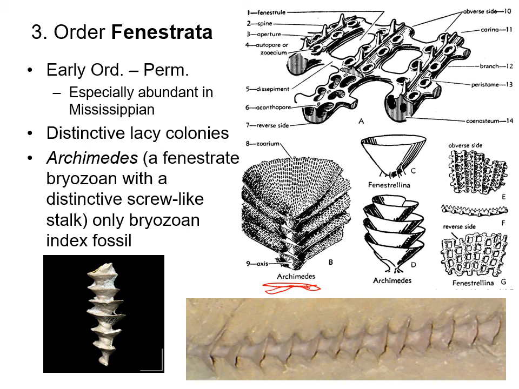So when you find bryozoan fossils that are fenestrate, there's two different parts to look at. There's the central screw axis, the stalk, and then the Fenestrata lace that you see attached. So Archimedes is a very, very famous and very common Mississippian bryozoan that we use to actually identify Mississippian-age rocks.